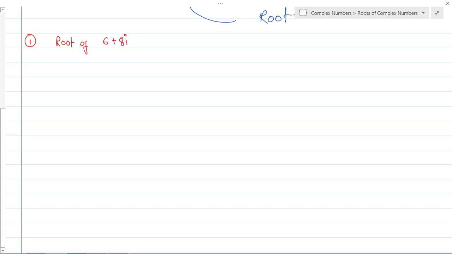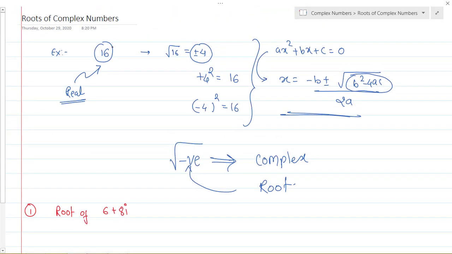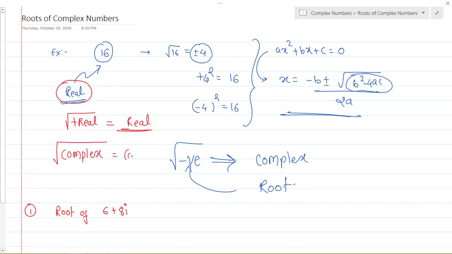One more thing I want to tell you here is that the root of any positive real number is always a real number only, and the root of any complex number is again a complex number. Please remember this.